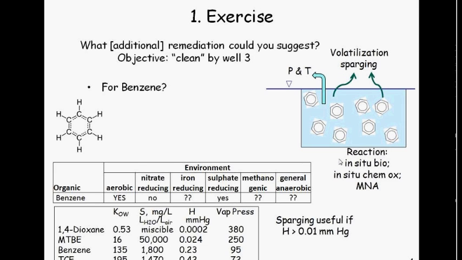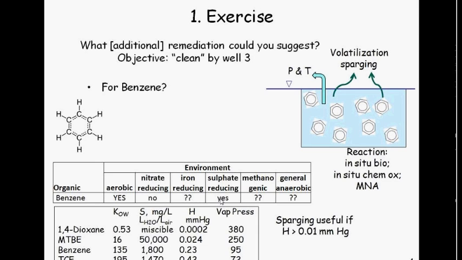What about a biological reaction, in situ bio? Well, we go to our table of environments which might support in situ bio, and you can see that aerobically, benzene does degrade, and anaerobically, it's not as certain, but there certainly are instances where it degrades.